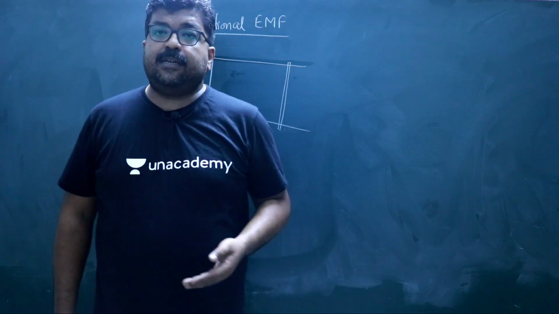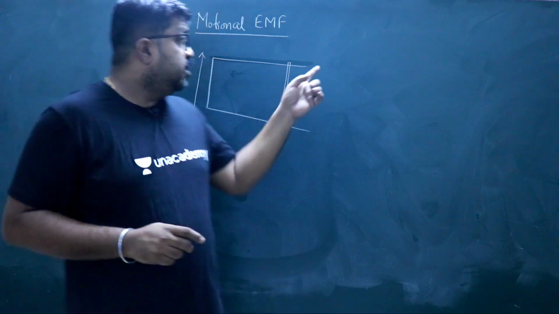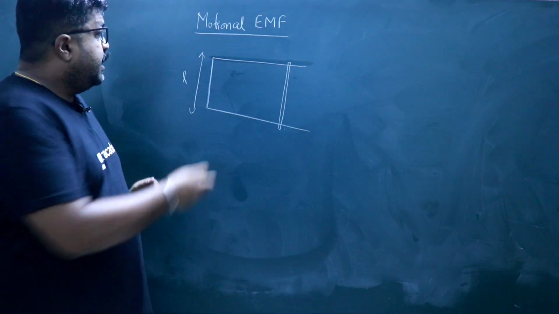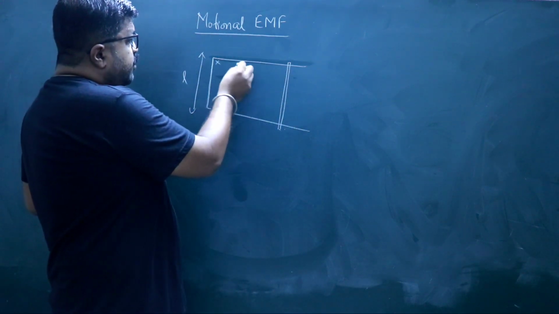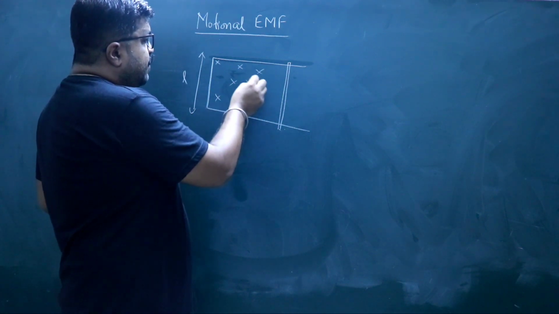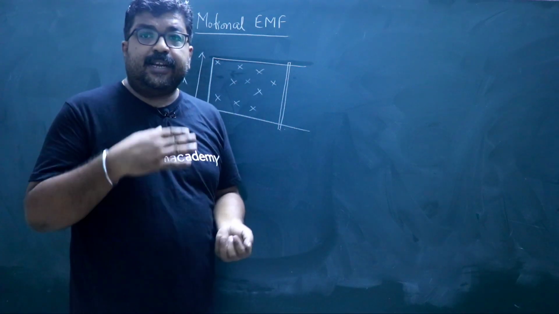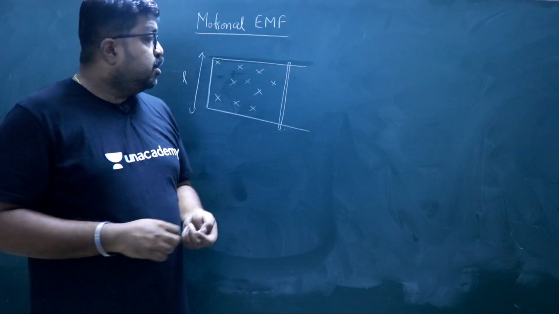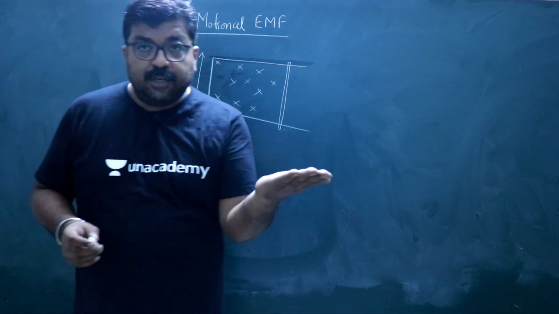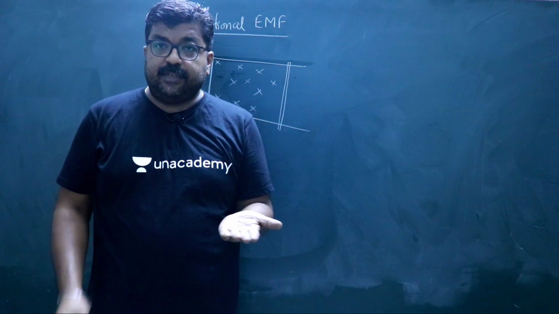We are assuming that there is no friction between the rod and the U-shaped wire. Suppose you have a transverse magnetic field in this region. The magnetic field is perpendicular to this plane and directed inward. So if the plane is horizontal, then the magnetic field will be directed in the downward direction.